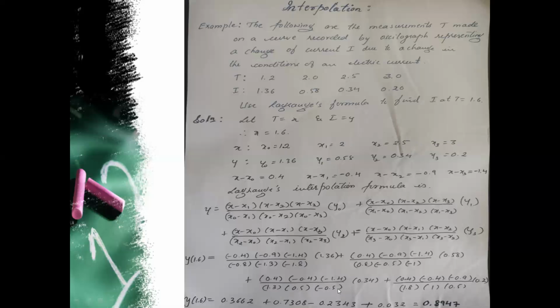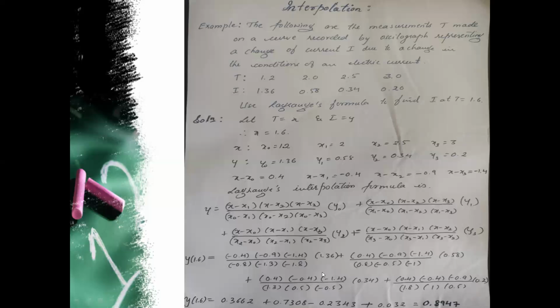These values multiplied by y2. So y2 is 0.34. Now the last set, numerator will be 1.2 into 2 into 2.5, skipping the last value here. Now in the denominator, 3 minus 1.2, that is 1.8, 3 minus 2, that is 1, 3 minus 2.5, that is 0.5, multiplied by y3, that is 0.2.